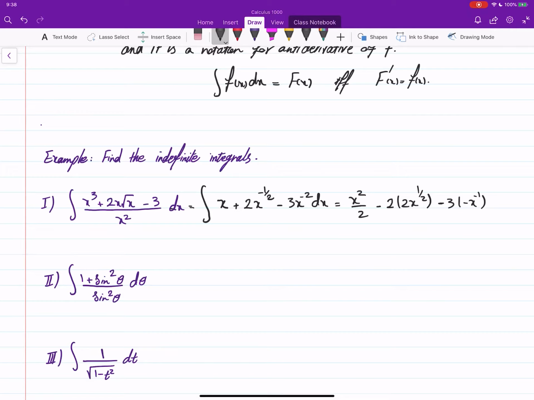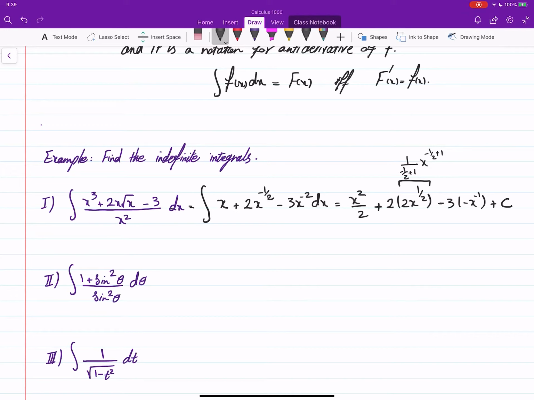Since we are considering all the antiderivatives, we always put plus c back there. Maybe I do this piece again. Remember x to the power n. This is going to be 1 over negative half plus 1, x to the power negative half plus 1. And this is 1 over 1 over 2, which is 2. Oh, and I have plus 2 here.